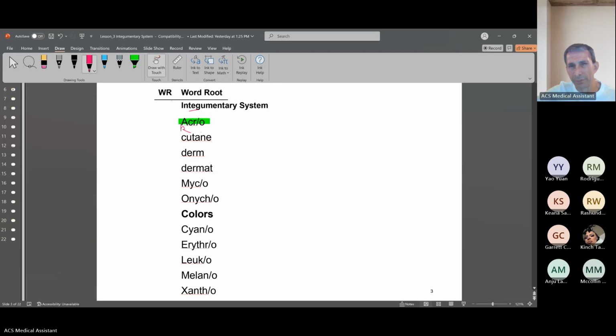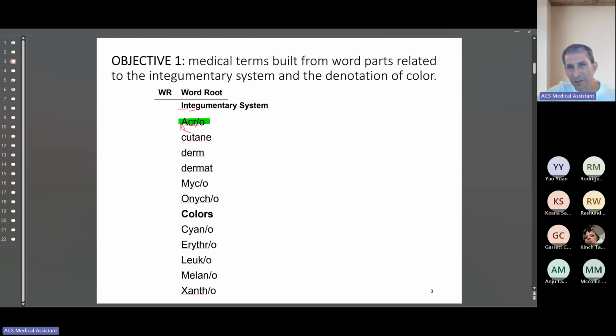Remember, I don't use this combining vowel alone. The whole thing is a combining form, CF. Because when we say acr, that's kind of difficult to understand what is being said. So acro means extremities.